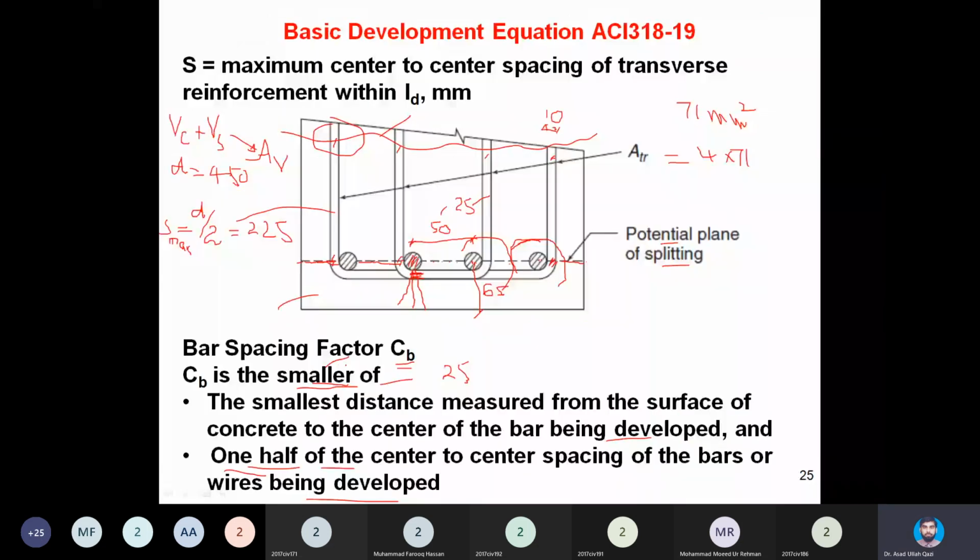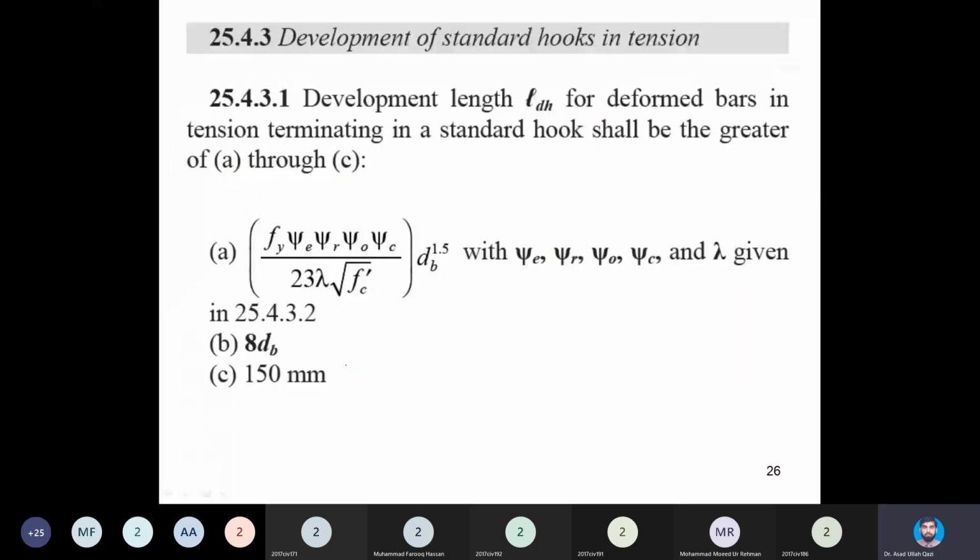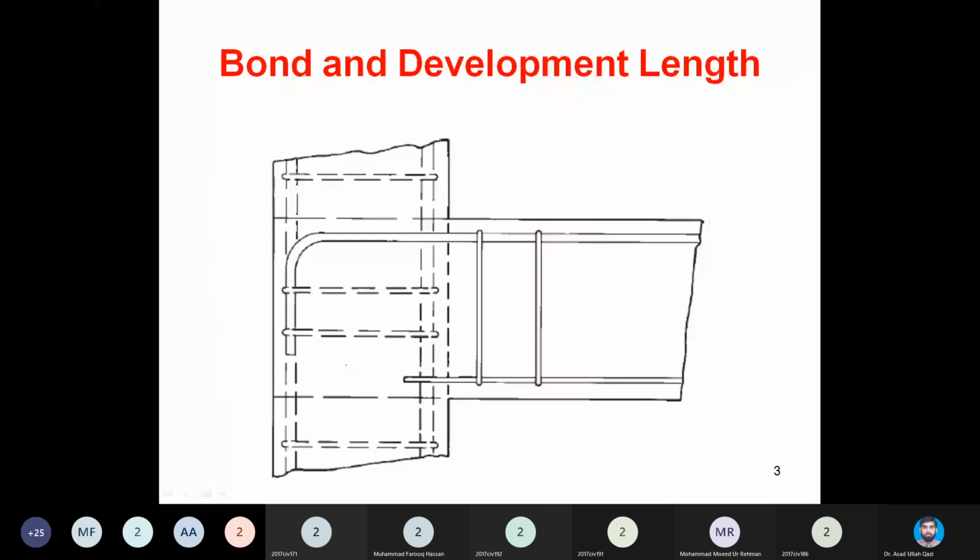Now in addition to this, I mentioned in my first lecture through this picture that in some cases we can't go straight, particularly in beam column joints. I have a limited gross dimension of the column.